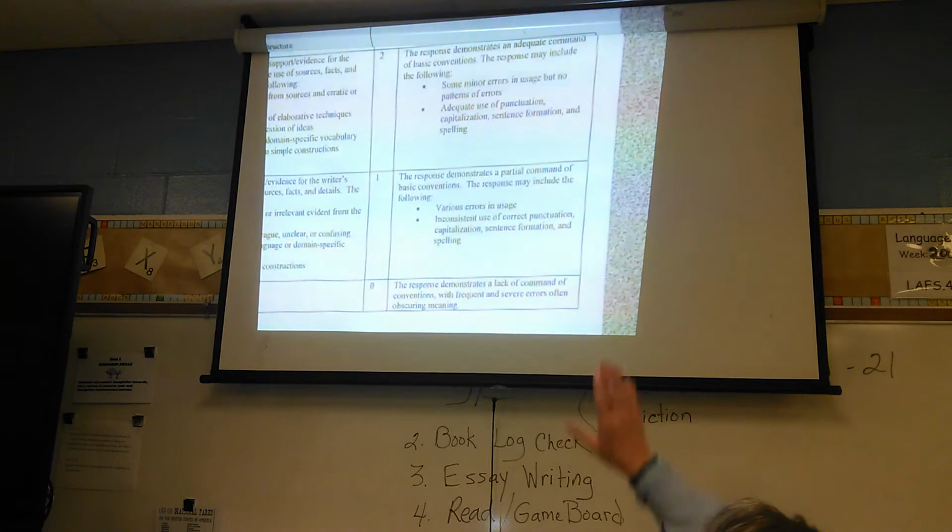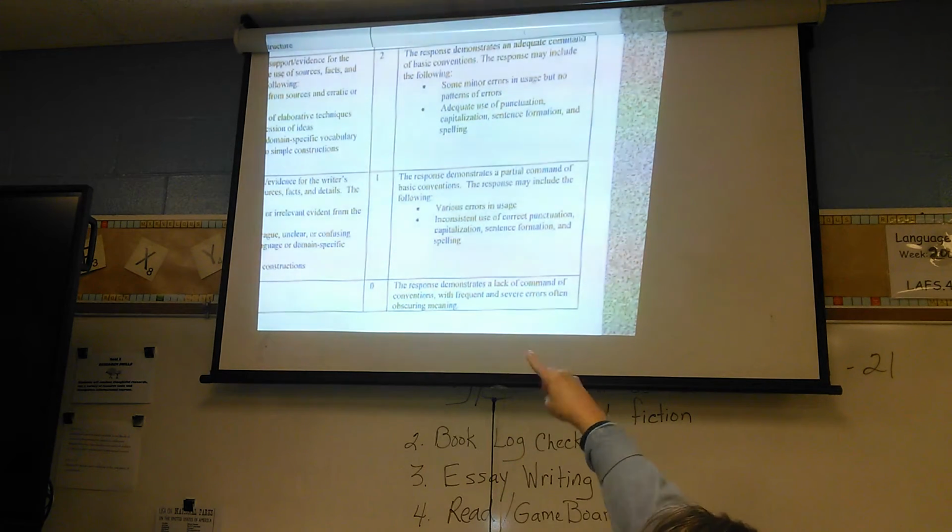So the difference between a 2 and a 1 really is whether or not there's a pattern. They don't expect it to be perfect to get a 2. They know that everybody makes a mistake. But as soon as they notice a pattern, you drop from a 2 to a 1. Okay, so it says minor errors in usage, but no patterns of error for number 2.